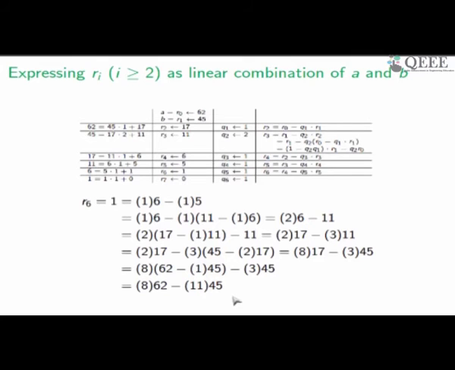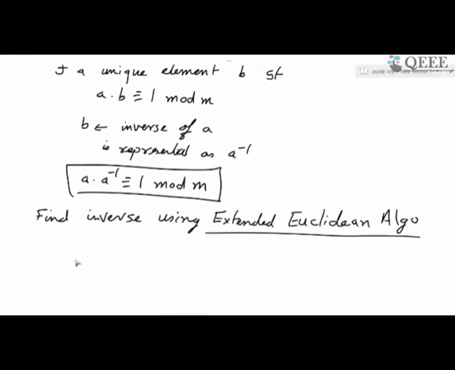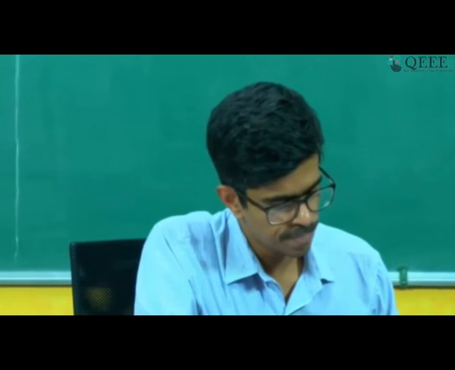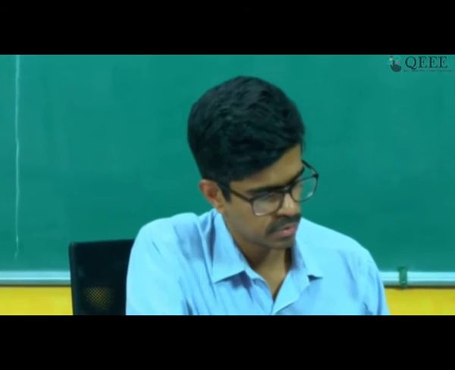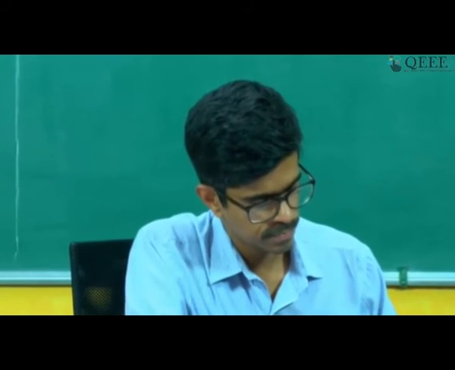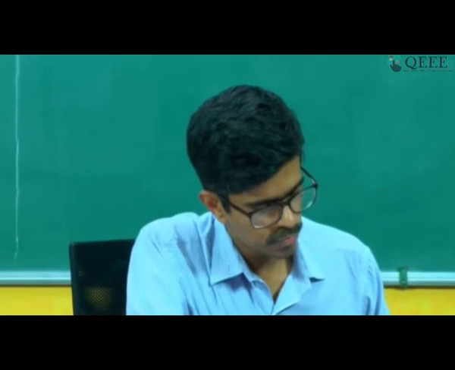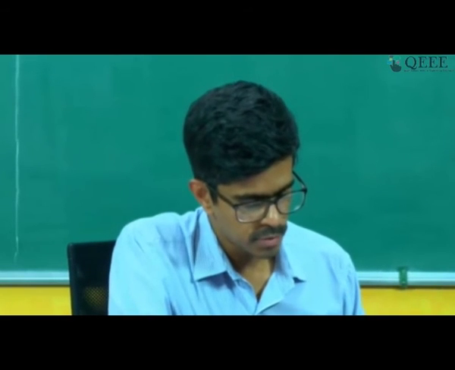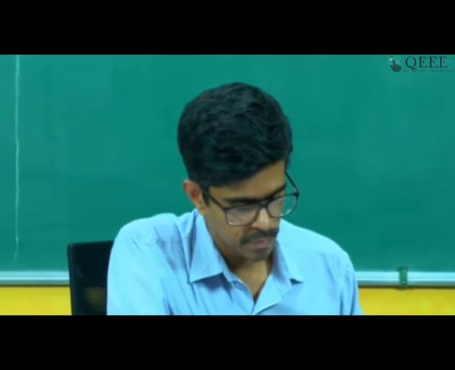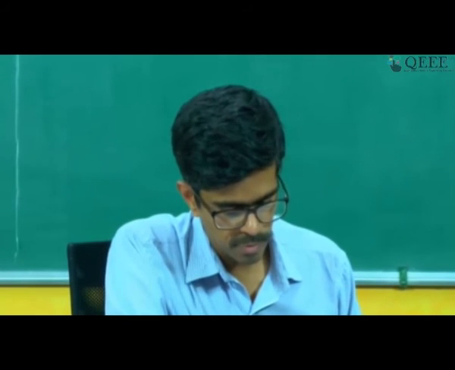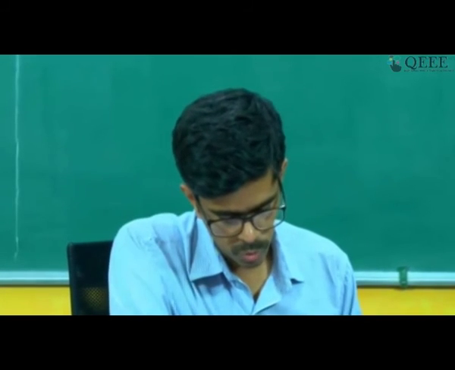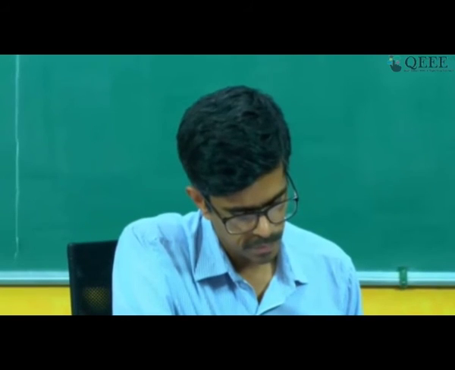So let us look from here at how we actually obtain the multiplicative inverse. We get this equation: 1 is equal to 8 into 62 minus 11 into 45. Now let us take mod 62 on both sides.